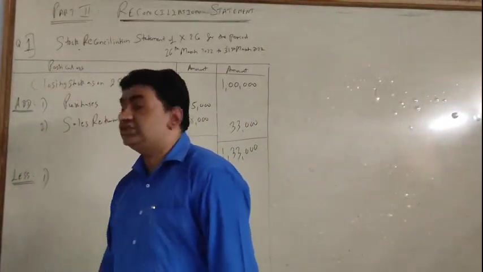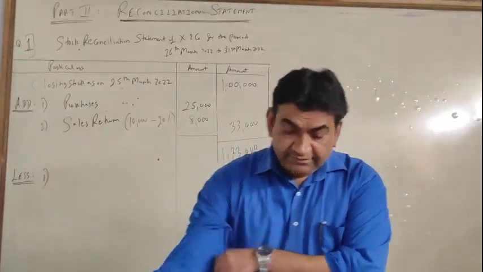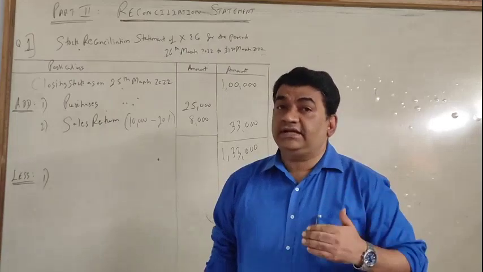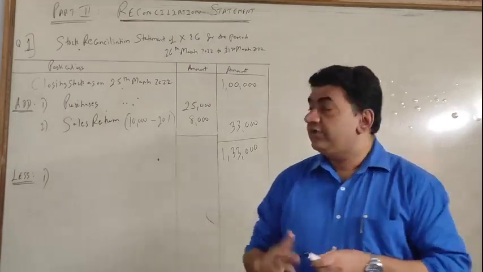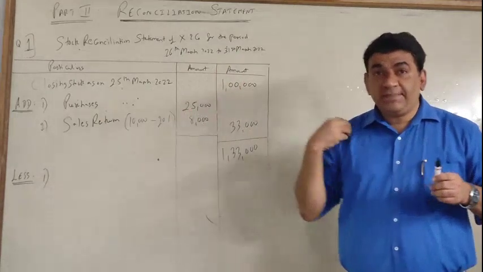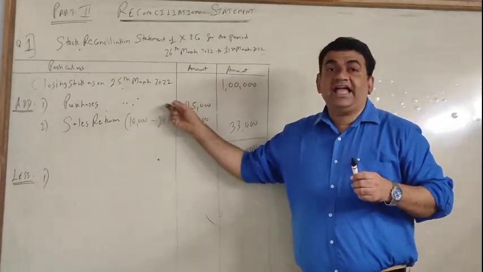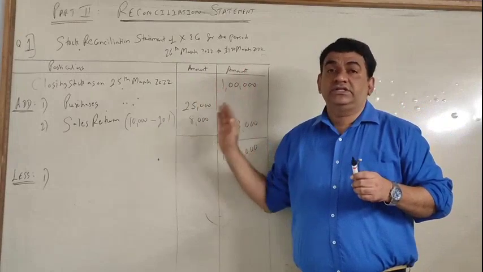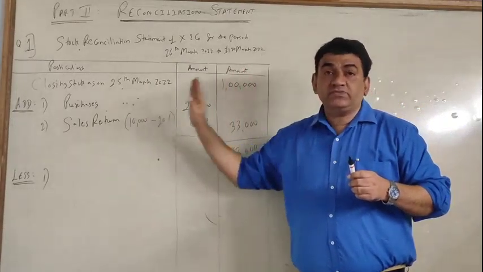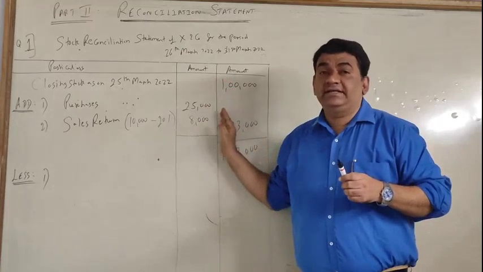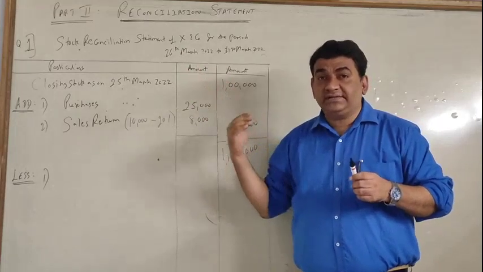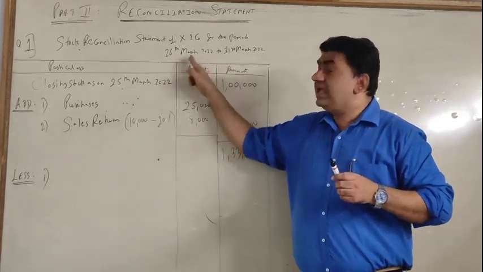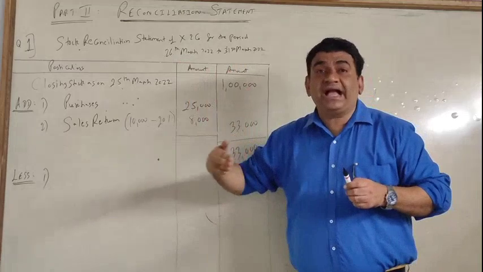Take the first deduction. Now see, first and the second point are done. What is the third point? Purchase return. We are on before date. When you buy, goods are coming, I have added. Why? Because I want stock on 31st March. So whatever has come between 26 March to 31st March, I will add. Now when I say purchase return, after purchasing, I have returned in this period, so it is going out.